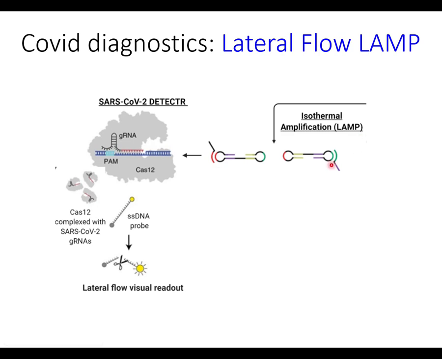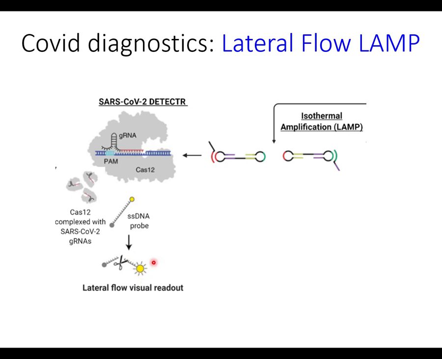So we amplify parts of the genome first, and then there's a clever bit of biotechnology using CRISPR-Cas that allows us to cut a single-stranded DNA probe which matches our target piece of viral DNA, and we release a quencher from a fluorophore, and we can see a readout on our lateral flow device.